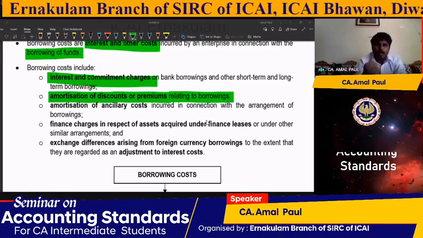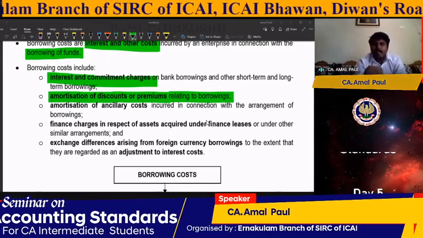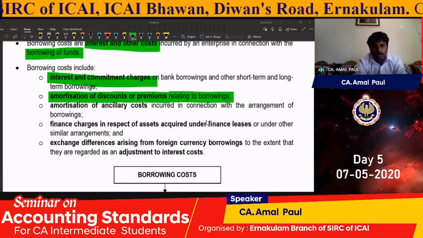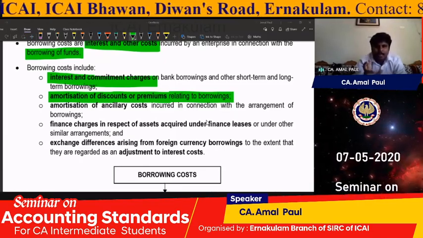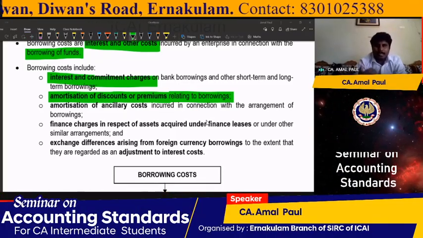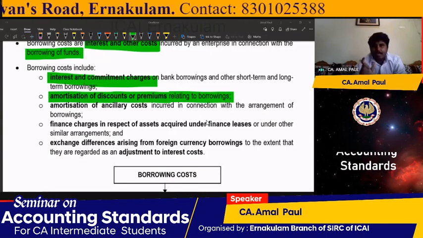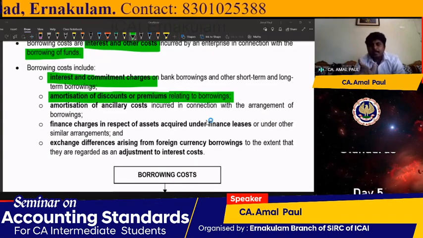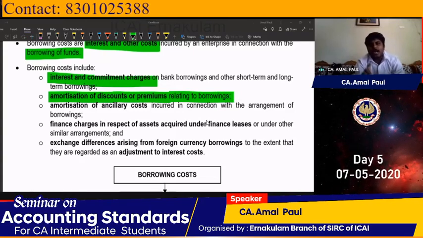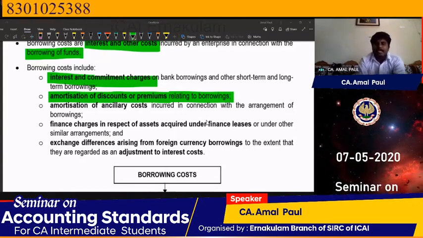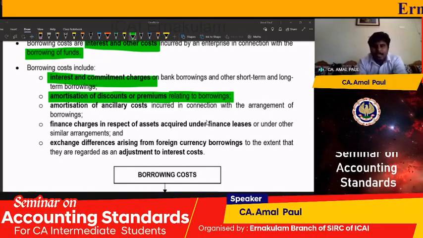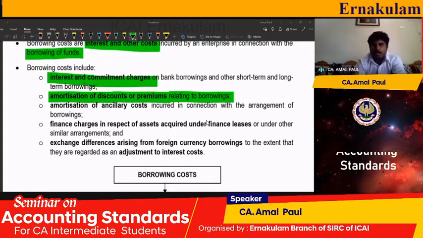Afterwards, we amortize it to the profit and loss account over the period of those debentures. So if any debenture or similar item is provided, and there is any discount or premium, annual amortization of those costs is the second component, that is amortization of discount on issue or premium on redemption relating to borrowings.